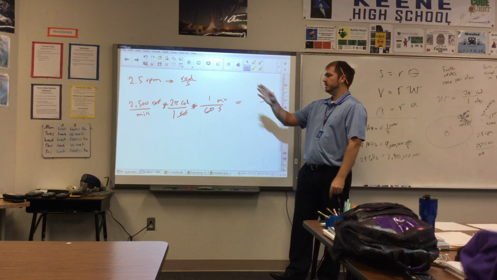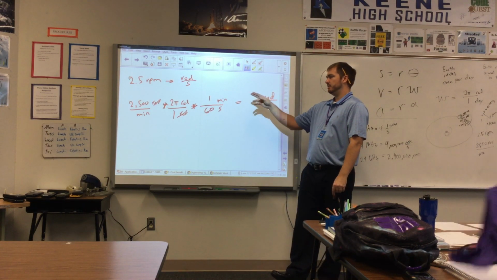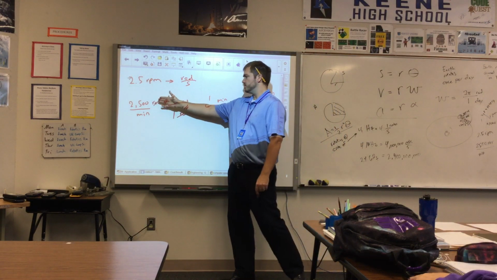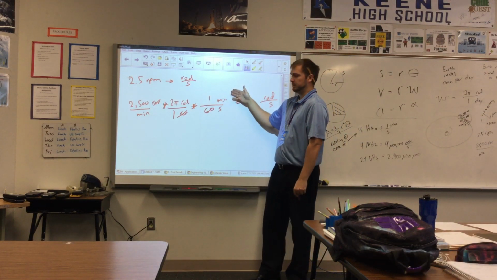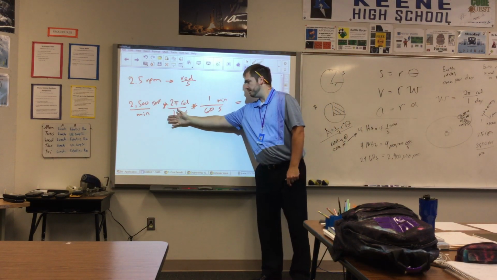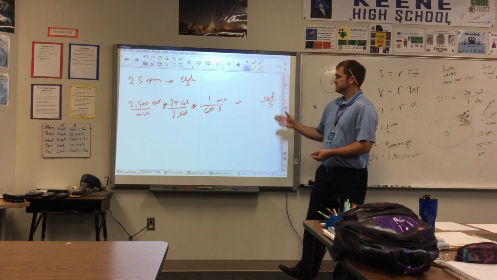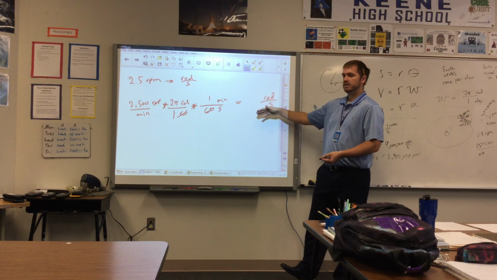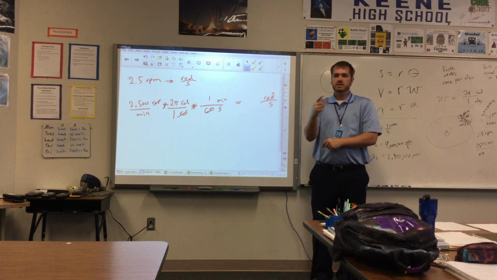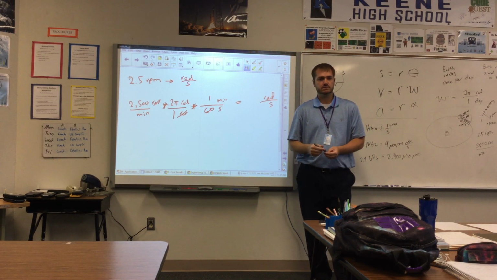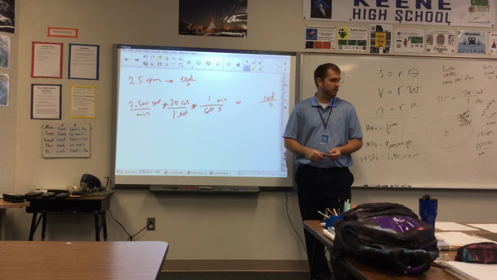Since you have a calculator, we multiply straight across, 2,500 times 2 pi times 1, and then divide by 60. That will tell us how many radians per second the axle is spinning in our car.